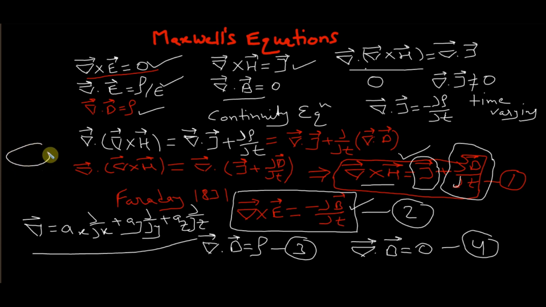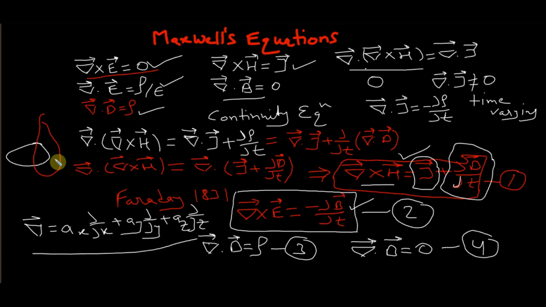Let us say the white one is the electric field and the red one is the magnetic field.